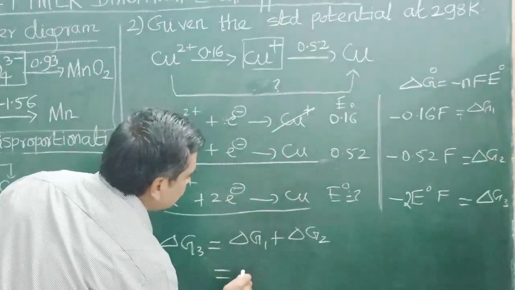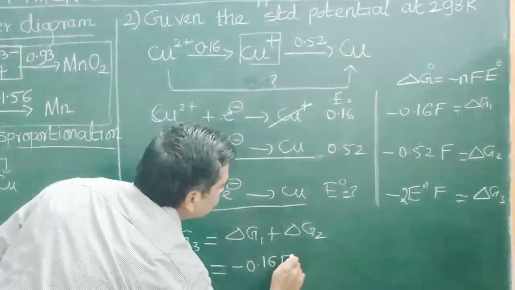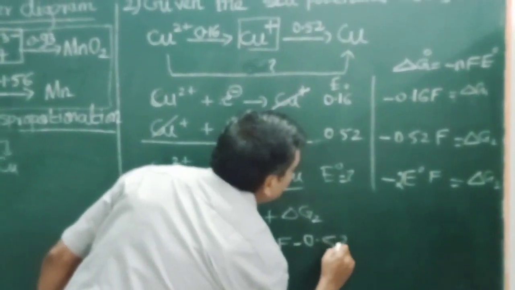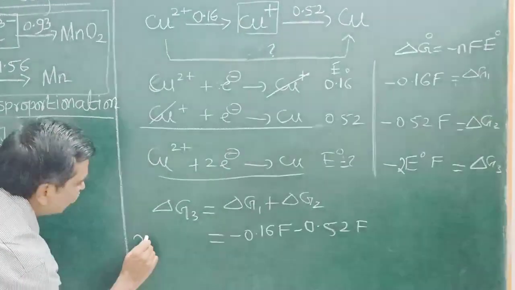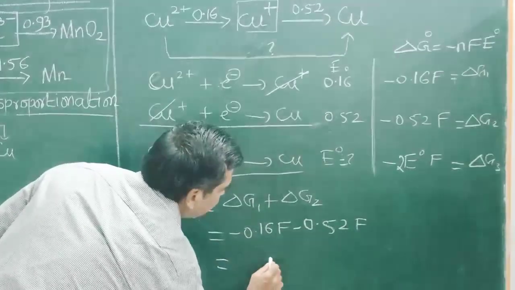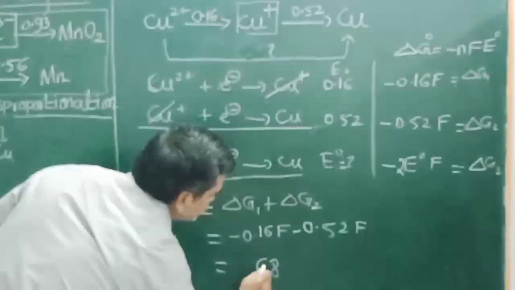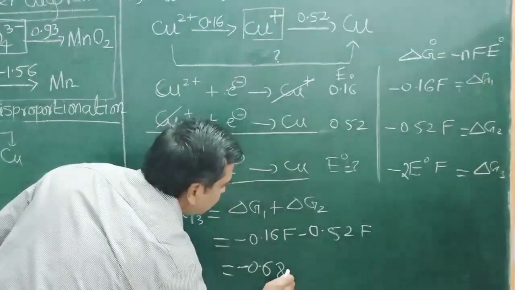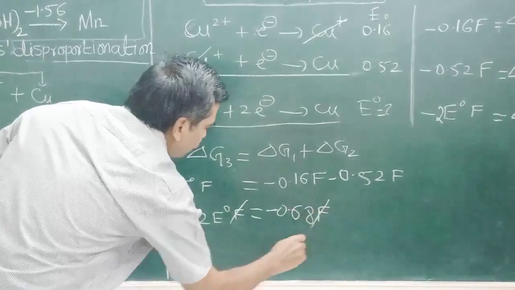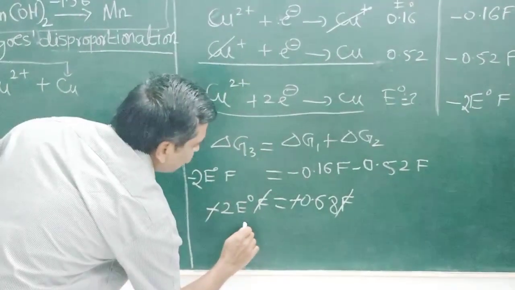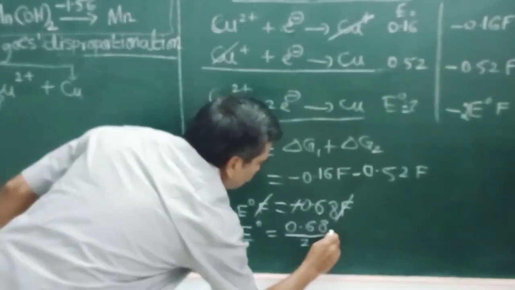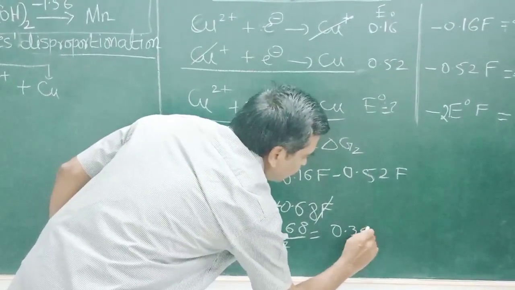So delta G1 is nothing but minus 0.16 F, plus 0.52 F, and here minus 2 E0 F. If you add 0.16 and 0.52 you get minus 0.68 F, therefore minus 2 E0 F. F cancelled, minus cancelled, therefore E0 equals 0.68 divided by 2 equals 0.34 volt.